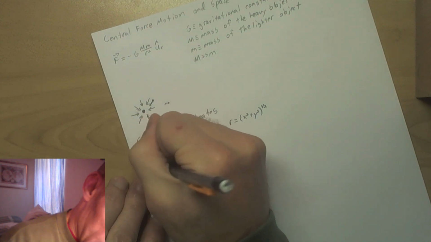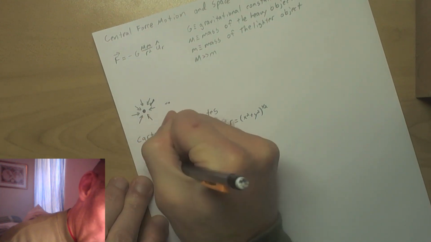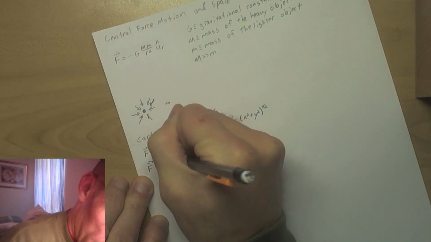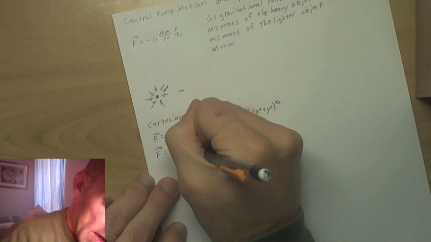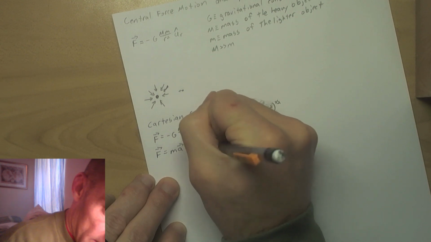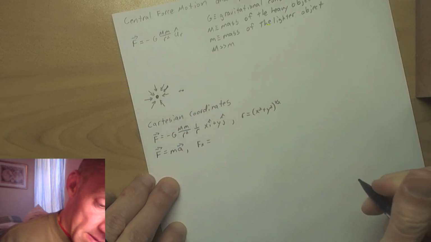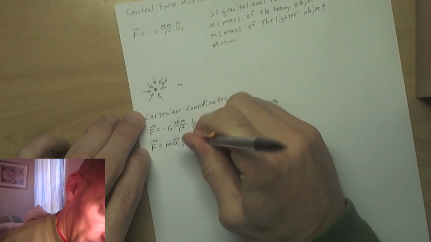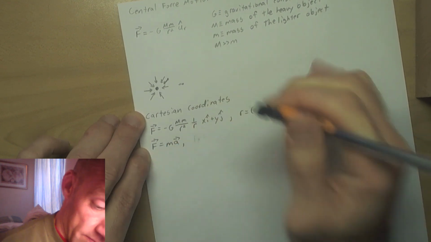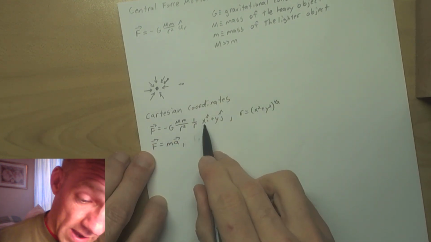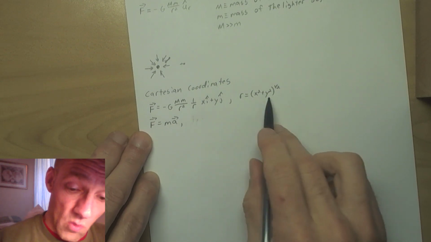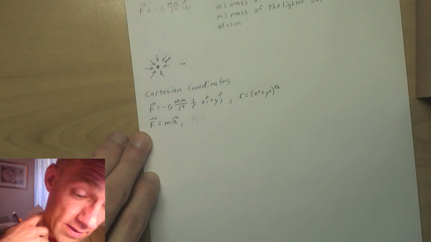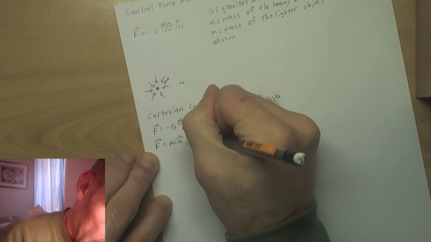We would like to write that the force is equal to the mass times the acceleration, right? These are the equations of motion. So we can just write down Fx, the x component of the force, but as we'll see, it'll have both x and y coordinates involved in it.